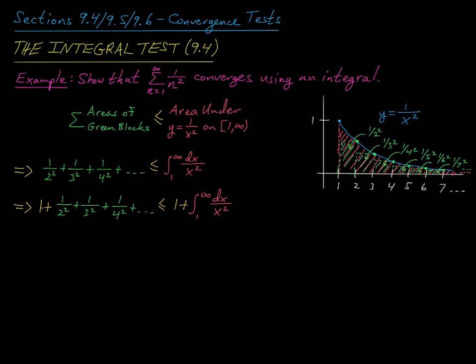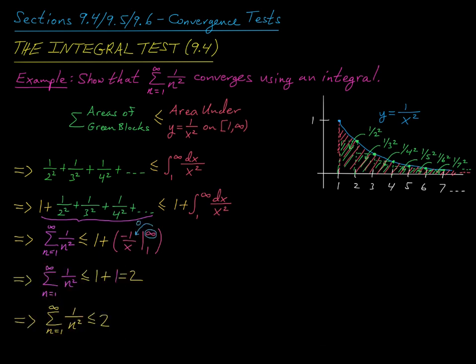And see, now what I have on the left side is this given series. So on the left, I have the sum of 1 over n squared as n goes from 1 to infinity. On the right, I'll go ahead and compute this integral, right? The integral of 1 over x squared is negative 1 over x. And now when I go to evaluate at infinity, again, I'm taking the limit of negative 1 over x as x approaches infinity, and that's going to go to 0.